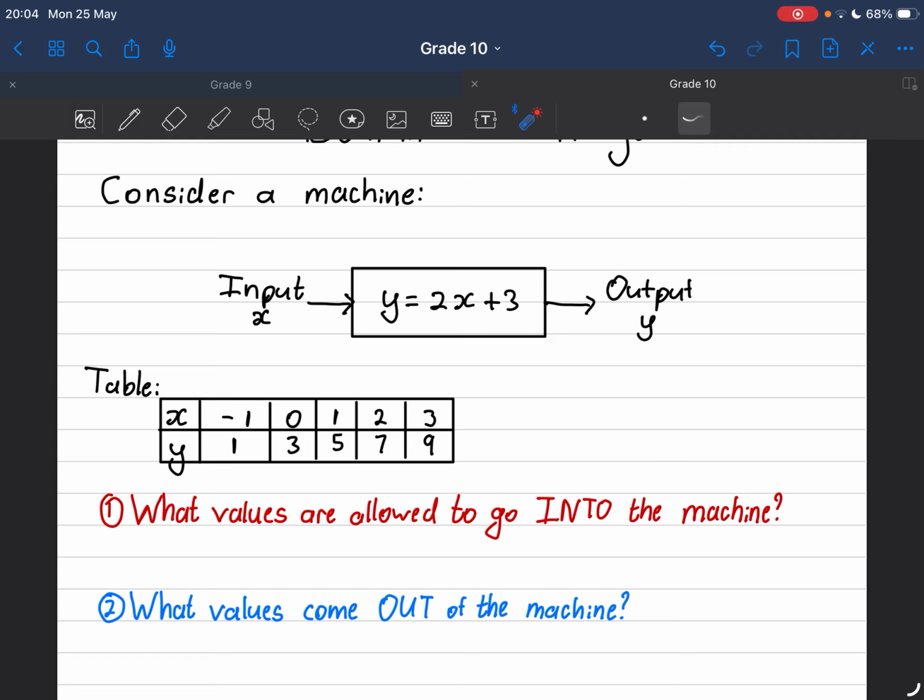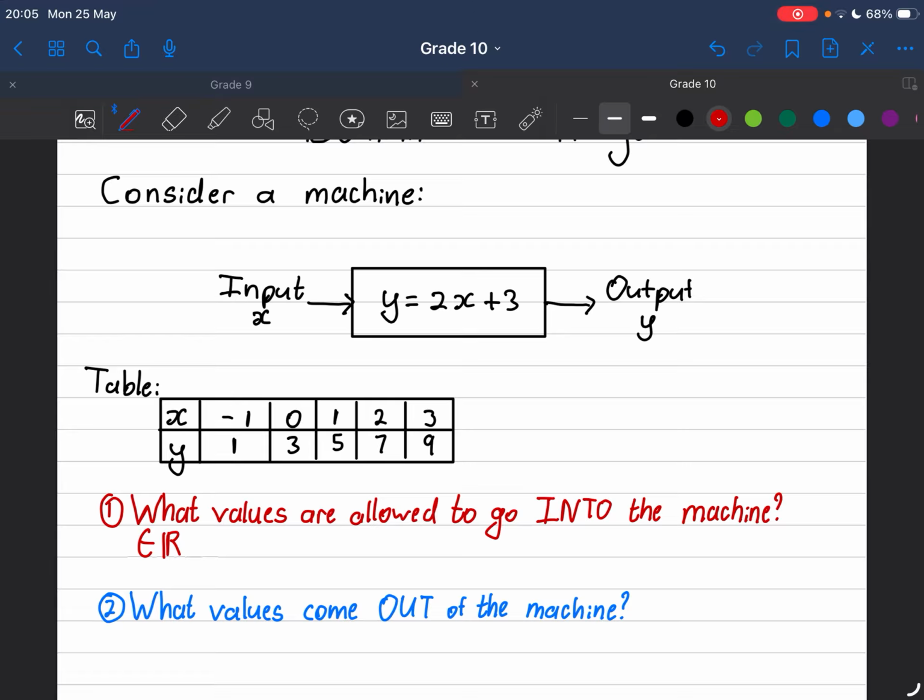The answer in this case is anything. You can put anything in this machine. I can put any real number, because no matter what I put, it's gonna give me an answer. If I put 3, if I put 700, if I put a million, if I put negative trillion, if I put a quarter, if I put 0.000000007, it's gonna give me an answer.